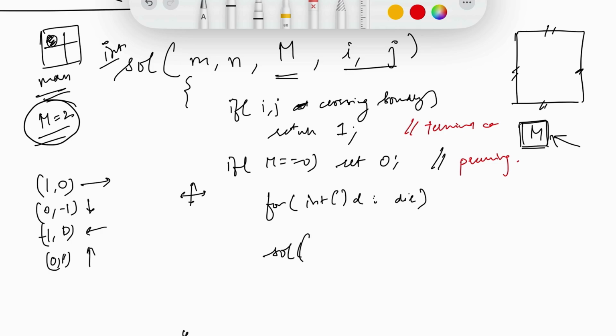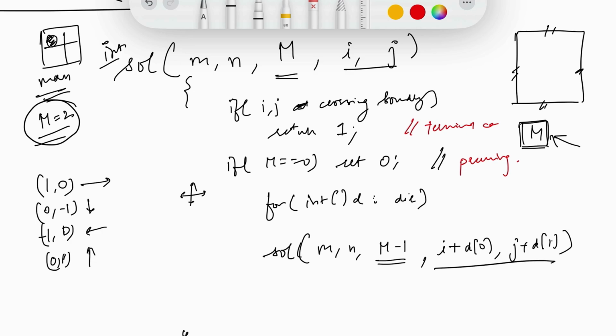And what I will do is I will make a subcall with m and M minus 1. I have utilized one move, and the next updated value is i plus d of 0, j plus d of 1. This is the next i, j, and here I have utilized one move.